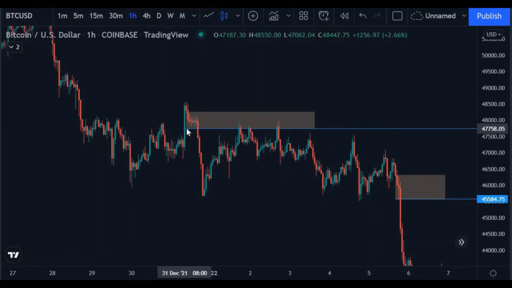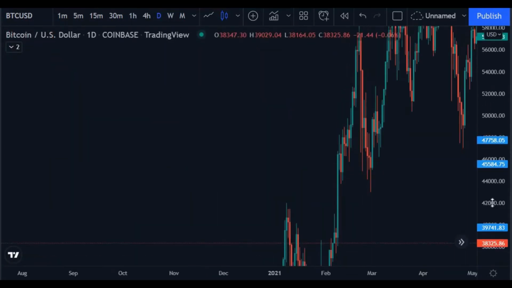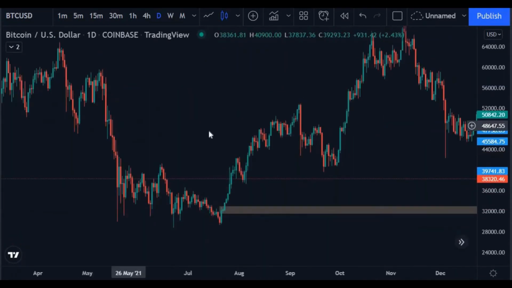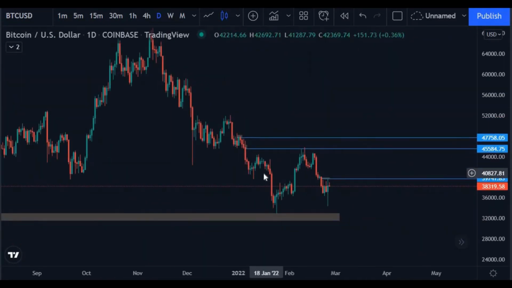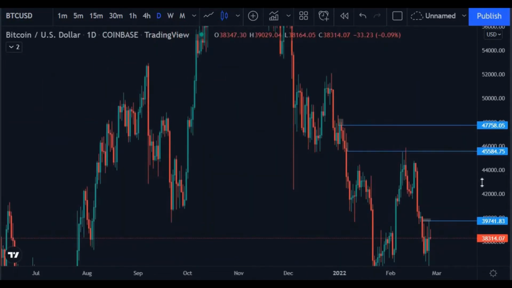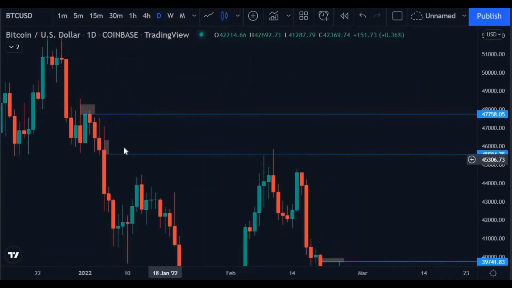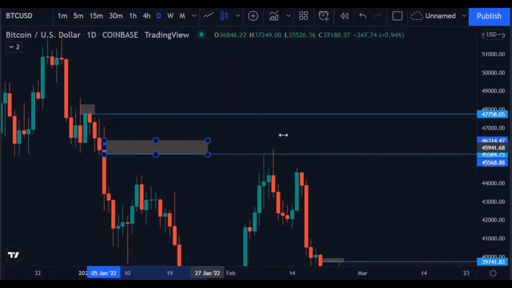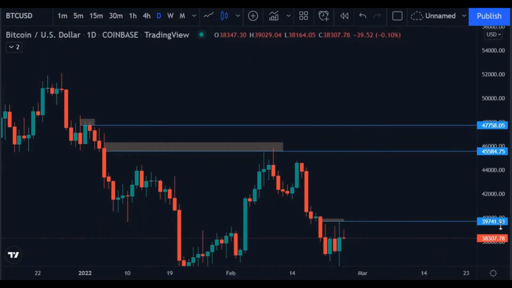So I'll take this down here to make it a bit more precise, and then back to my daily time frame. Okay, on the daily time frame, there's something interesting going on.